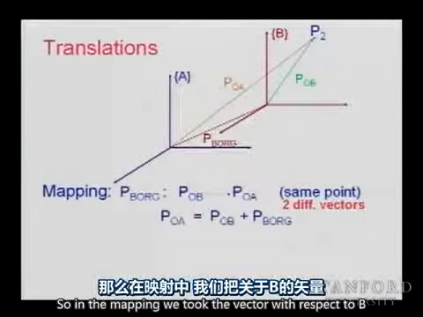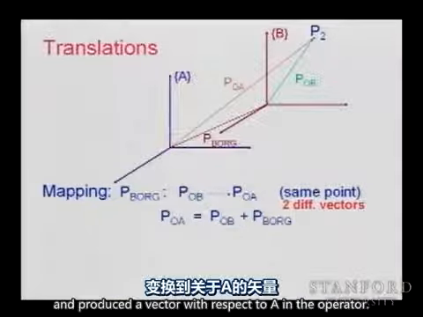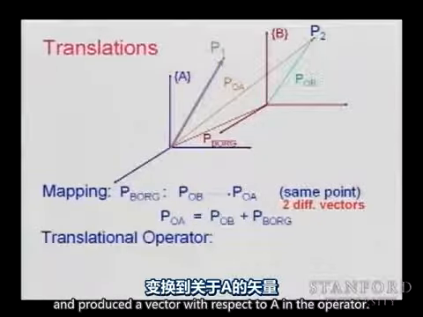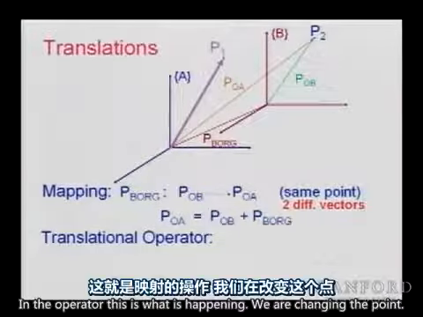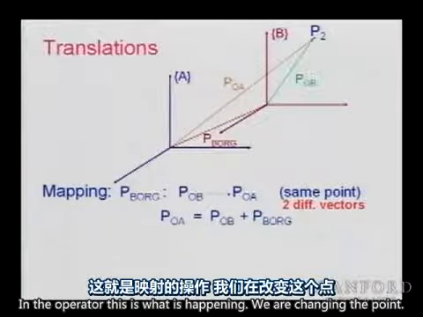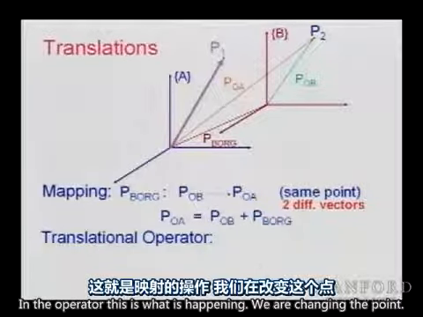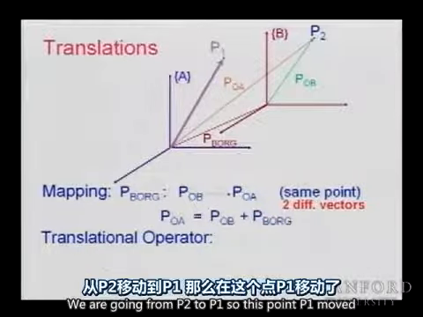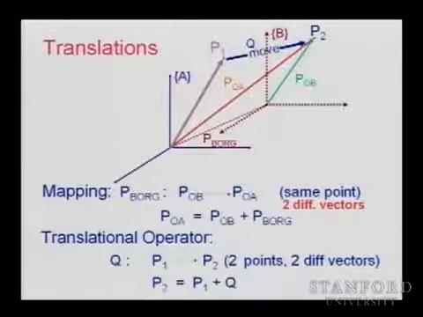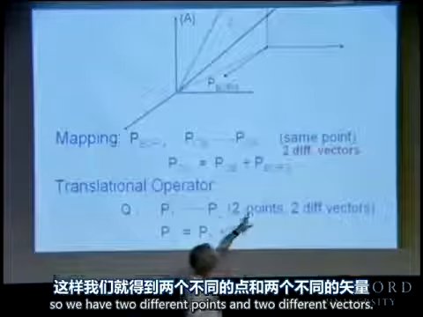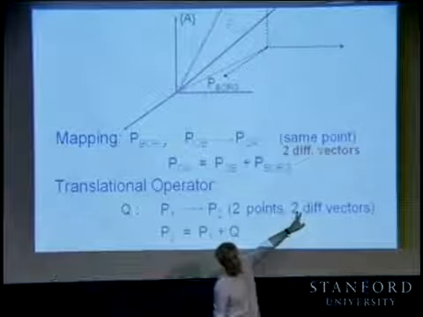So in the mapping, we took the vector with respect to B and produced a vector with respect to A. In the operator, we are changing the point. We're going from P2 to P1. So this point P1 moved. So we have two different points and two different vectors.